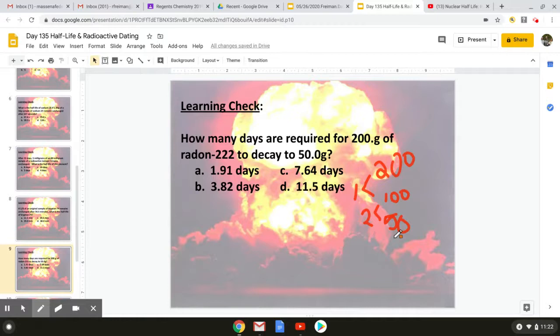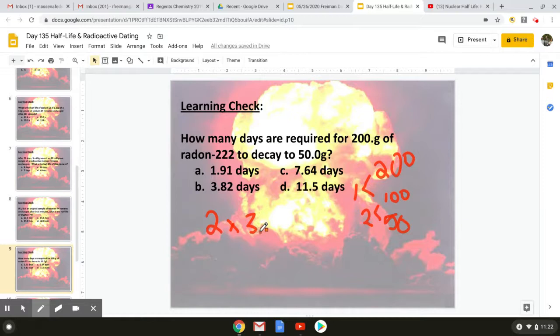So that required 2 half-lives. So how many days are required for 200 grams to decay to 50 grams? Well, we know it takes 2 half-lives. So we're missing something here. Can you find what we're missing? Well, you should have looked at your reference table for radon-222, which is Rn-222, and found that the half-life of radon-222 is 3.82 days.